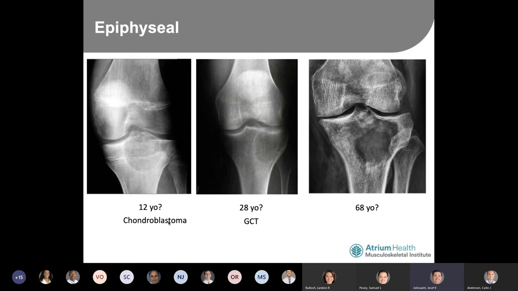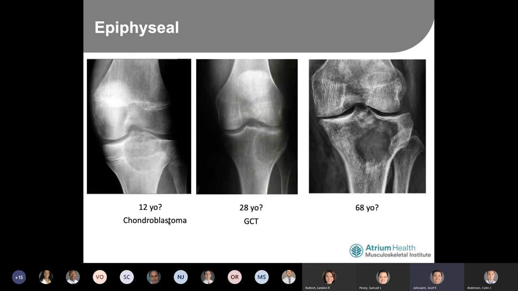You can see there's some degenerative changes in the knee. Again, we have a similar appearance to prior radiographs there on the left. However, this one appears to be less well demarcated. It doesn't have a nice circular appearance. It's somewhat homogeneous. It's both in the epiphysis and the metaphysis.